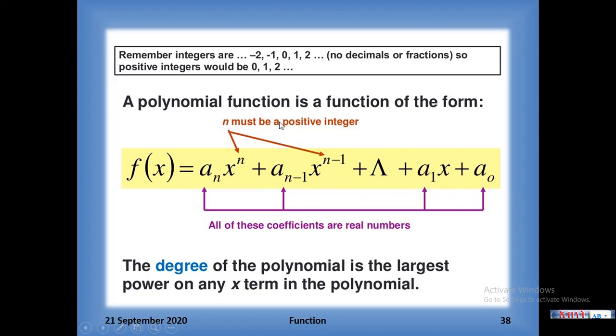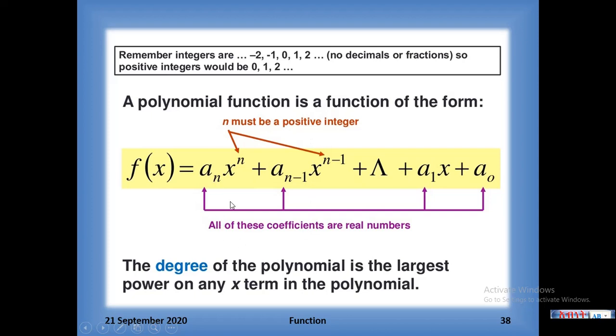This n must be a positive integer. But here I will ask, is 0 a positive integer? I disagree. But some books and some mathematicians say like this. Rather than this, I think it is better to say whole number.